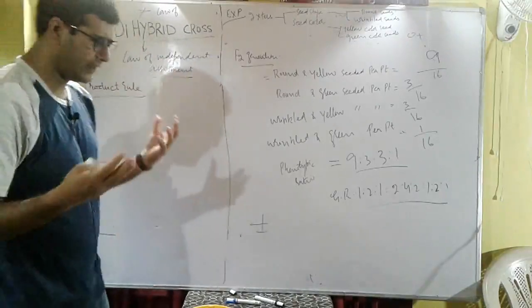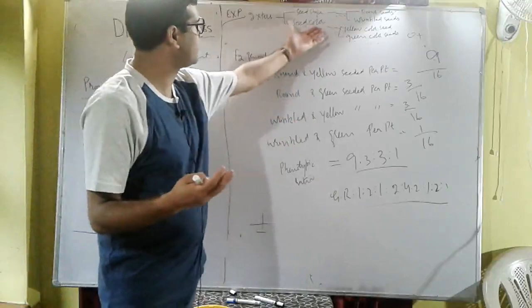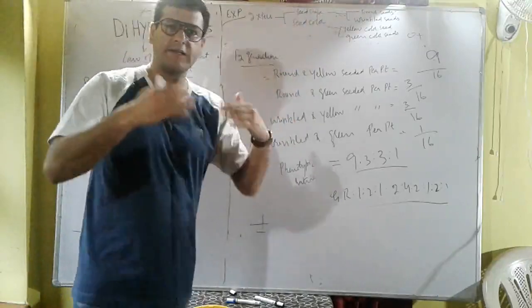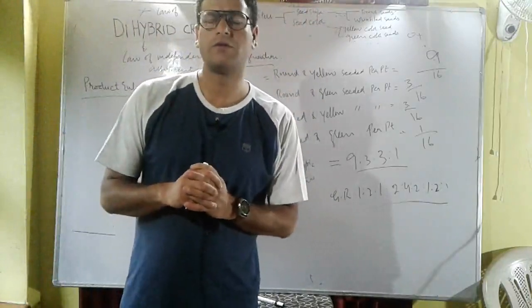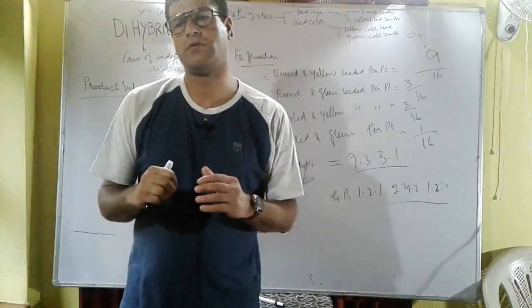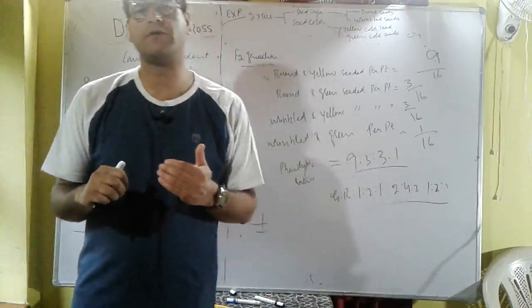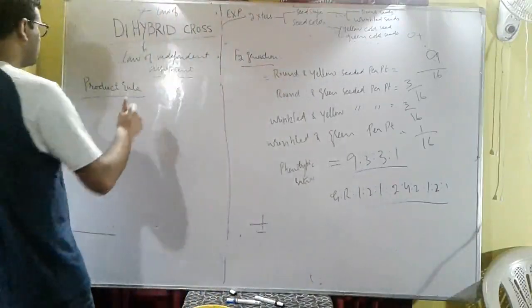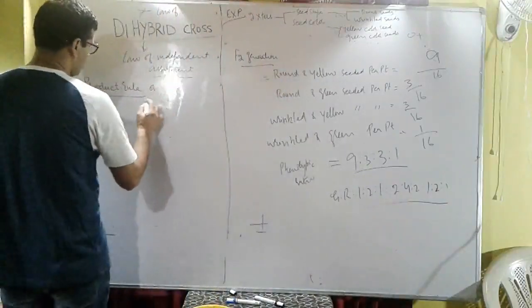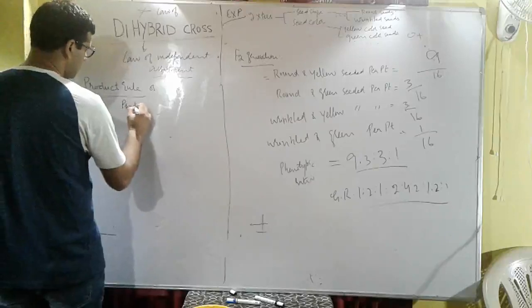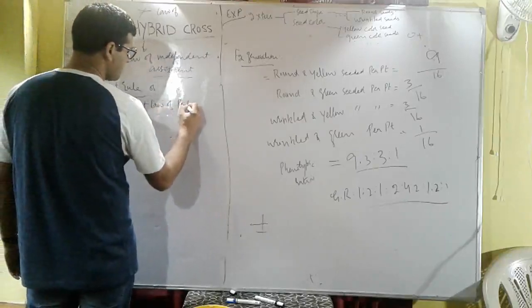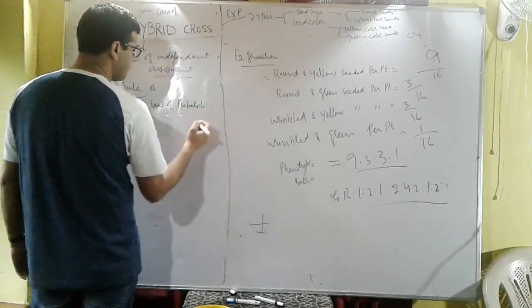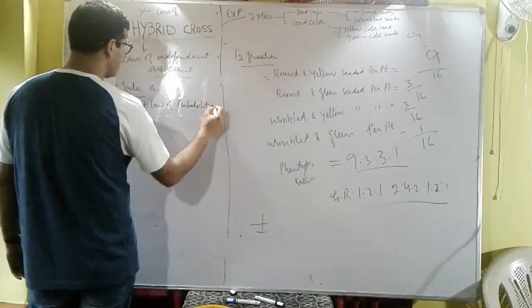When we take the inheritance of two characteristics, seed shape and seed color, it follows the Product Rule, or the product law of probabilities, one of the important rules in genetics.